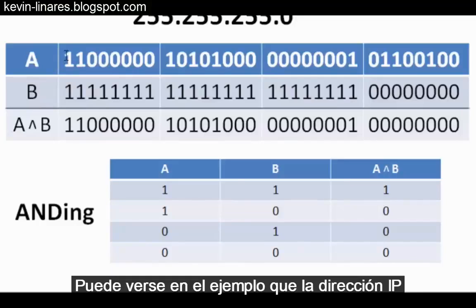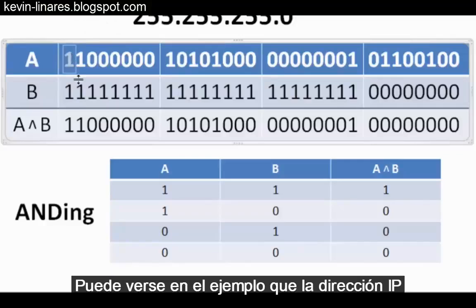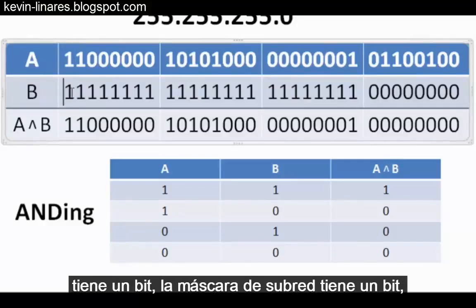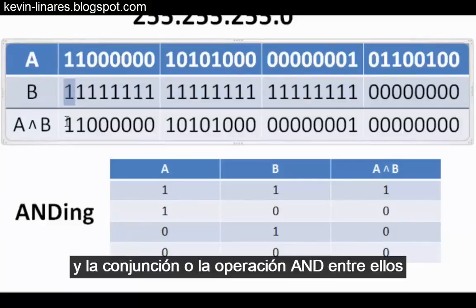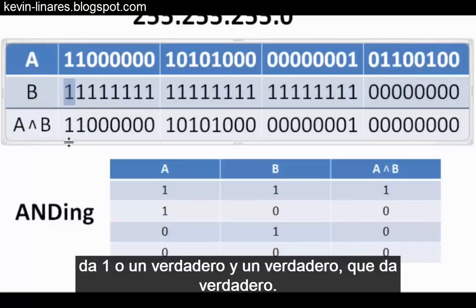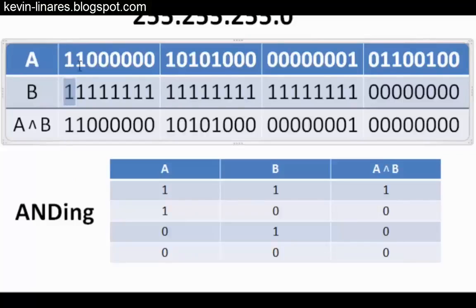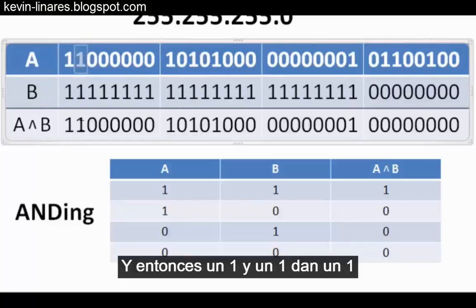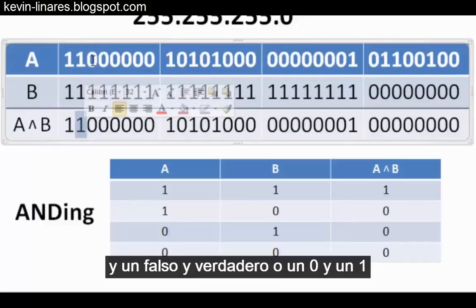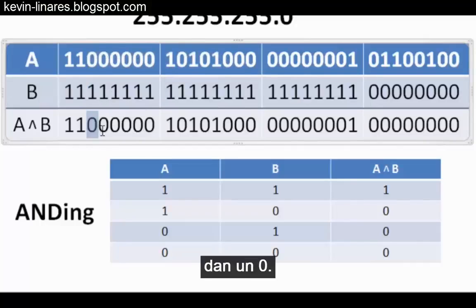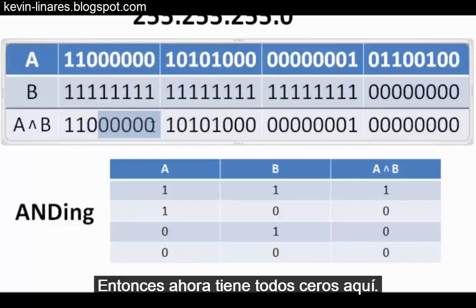So you can see here in the example, the IP address has a 1-bit, the subnet mask has a 1-bit, and the conjunction or the ANDing operation between them results in a 1, or a true and a true makes a true. And so then a 1 and a 1 makes a 1, and a false and a true, or a 0 and a 1 results in a 0, and so now you have all zeros here.